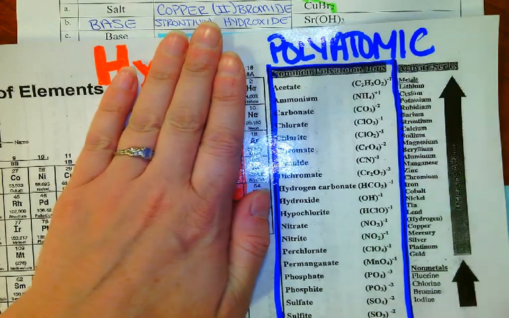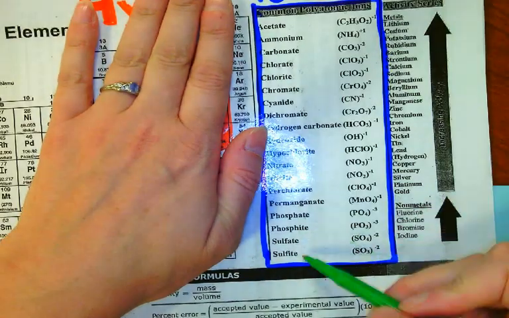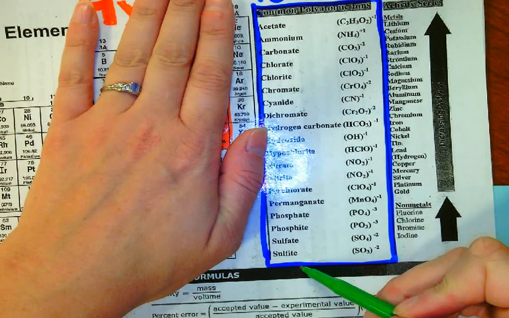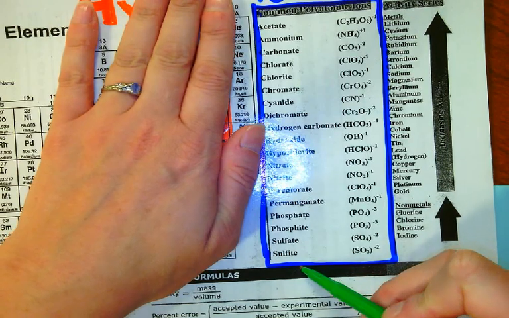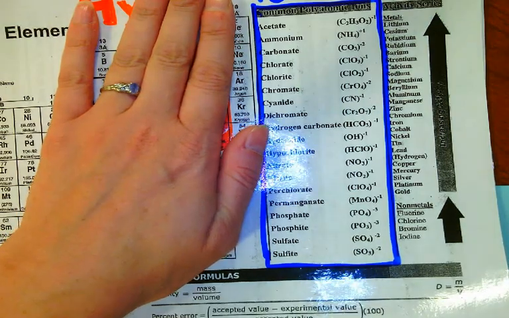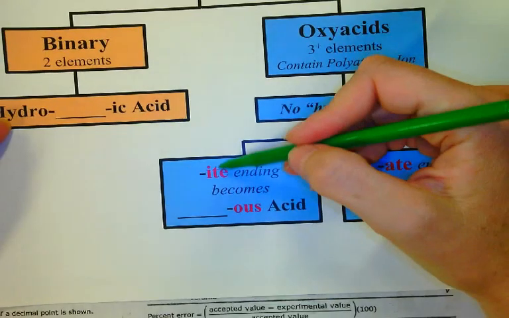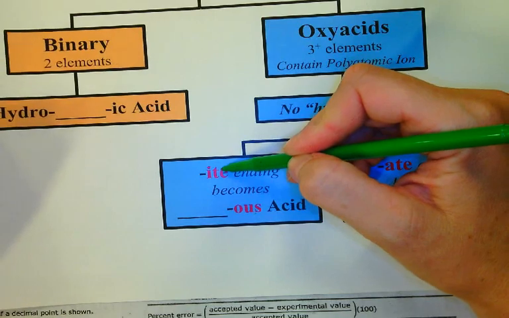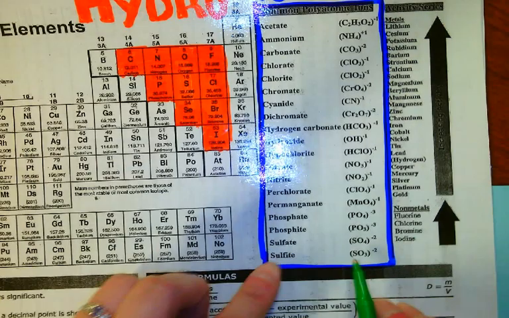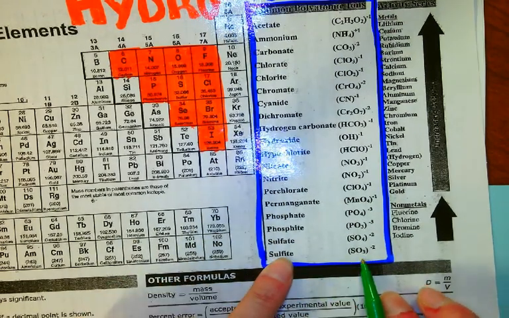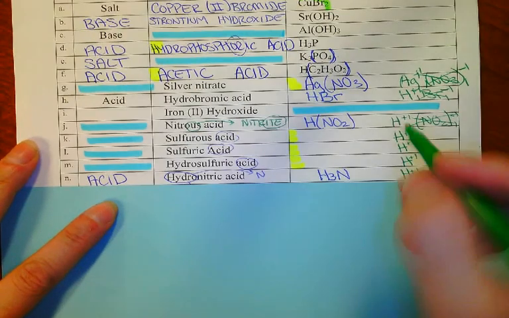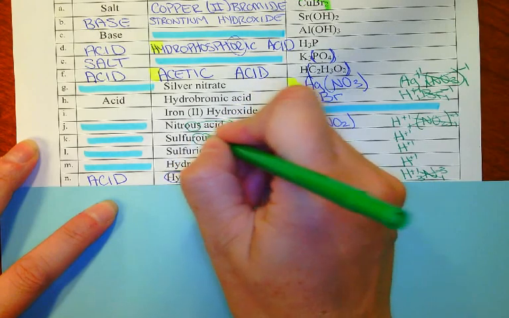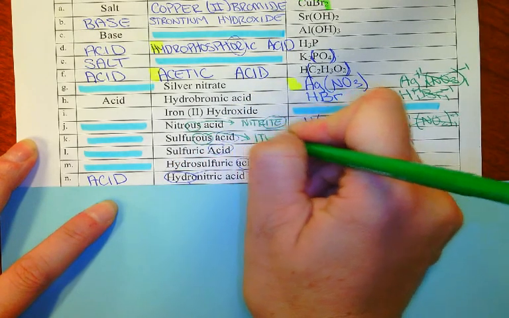So I'm not allowed to use any of these. I would use one of the polyatomic ions. Okay? Sulfurous isn't on here. So our trick was bites are delish us. Okay? We changed the ite to the us. Now we need to turn it back. So that means it was sulfite as the second symbol. SO3 with a -2 charge. Sulfurous acid, okay, used to be ite.